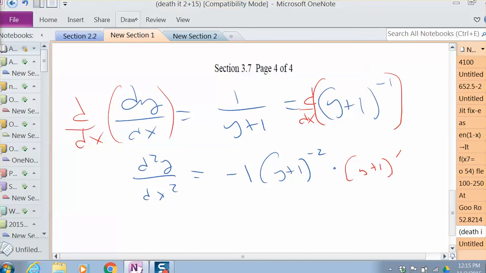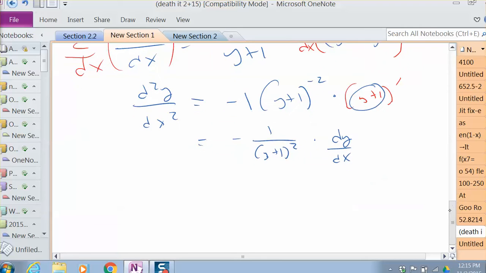Well, when I do the derivative of the inside, I have negative 1 over y plus 1 squared. Remember, y plus 1 to the negative 2 power is y plus 1 squared on the bottom. Times the derivative of y plus 1 with respect to x. That's actually going to be just dy over dx. If we think about it, the derivative of y is 1, derivative of 1 is 0, but because you're taking the derivative of y with respect to x, you've got to say dy over dx.